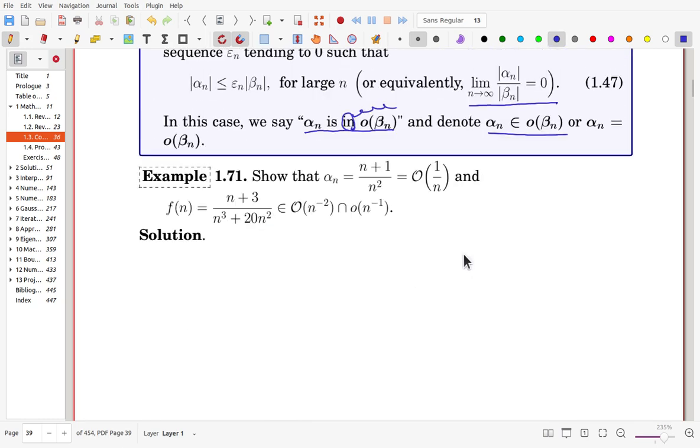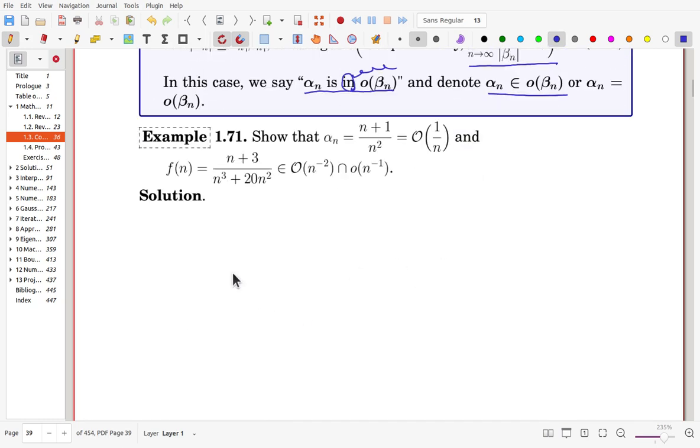Okay. Let's try to solve this problem. Fn given here is in big O of n to the minus 2 and little o of n to the minus 1. We'll try to solve only this portion.